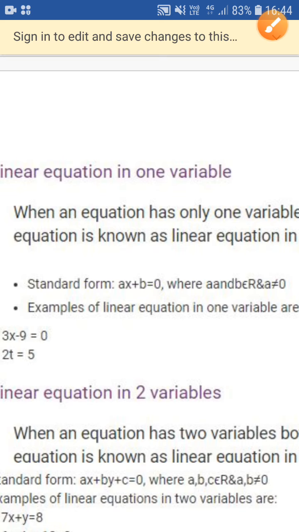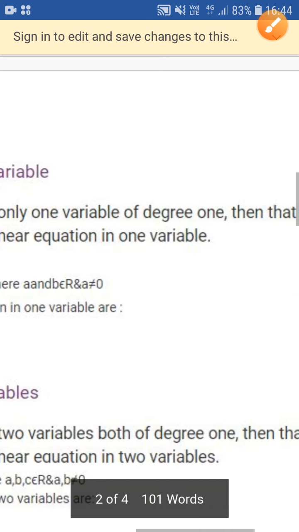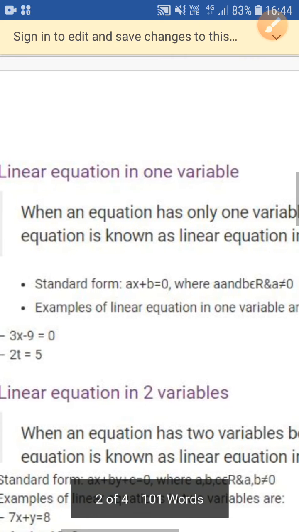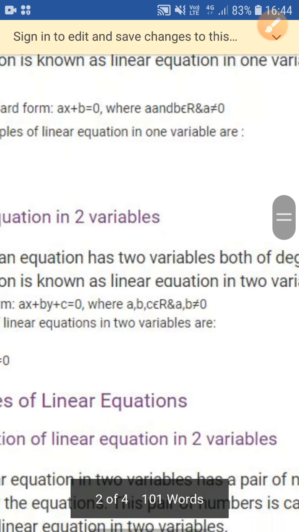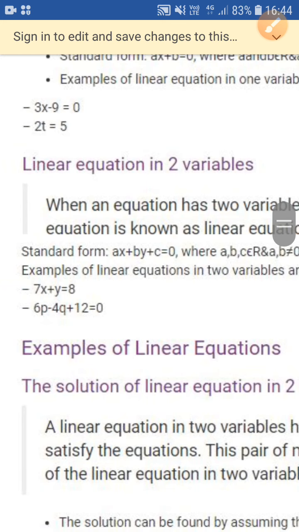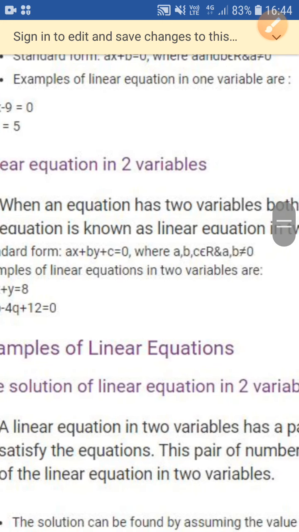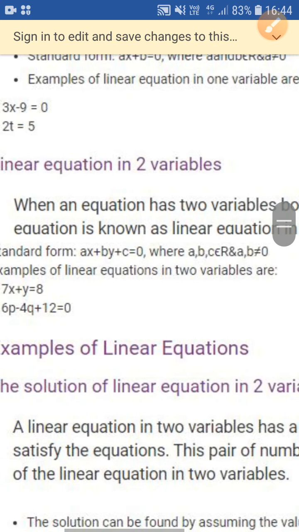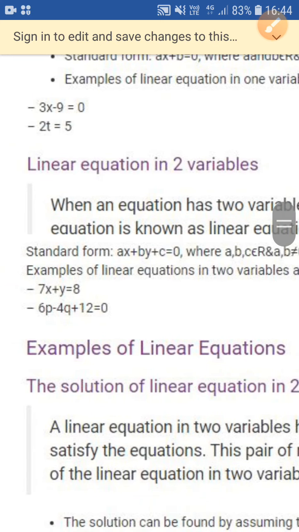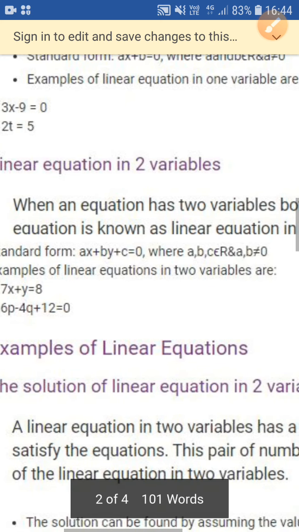When an equation has two variables both of degree 1, then that equation is known as a linear equation in two variables. The standard form is ax plus by plus c equals 0, where a, b, c belong to real numbers and a, b both are not equal to 0. Some examples, as you can see, are 7x plus y equals 8, 6p minus 4q plus 12 equals 0. Here we are taking two variables.